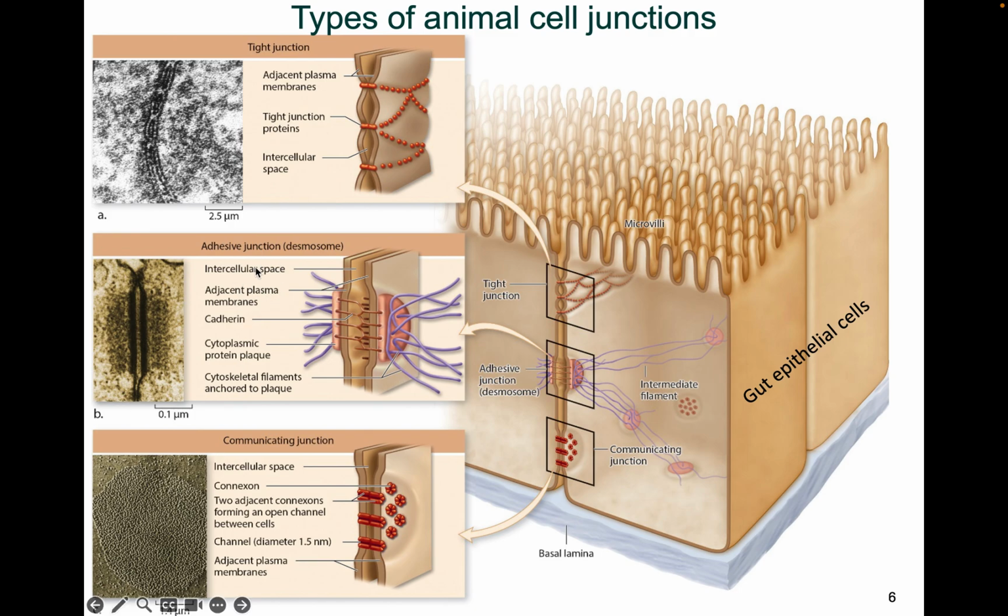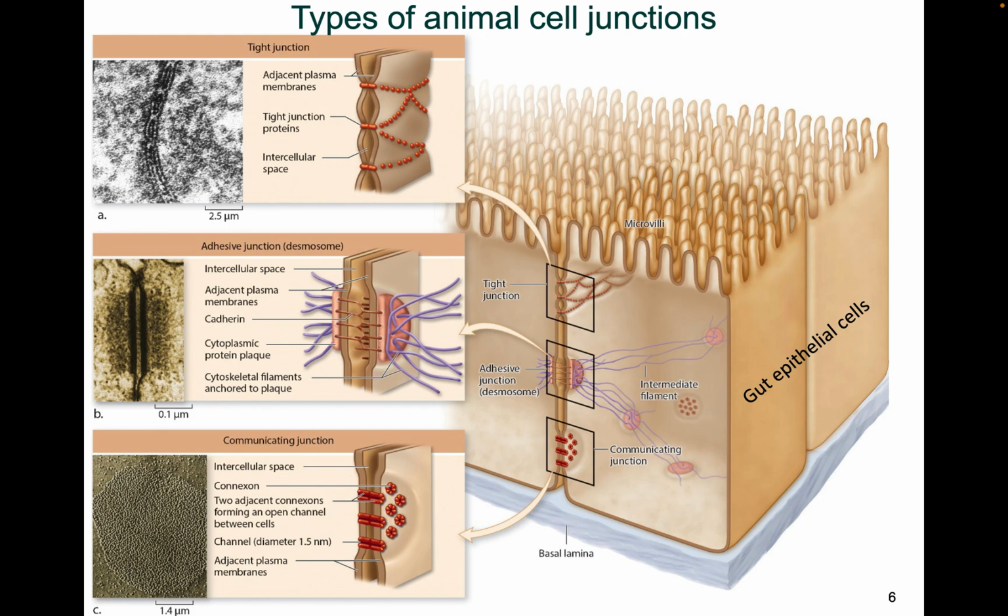The second is adhesive junctions, and these make the cytoskeletons of two different cells communicate with each other. This could be very important, for example, with motility. If one cell is trying to move and telling the other cell to move, the cytoskeleton is going to make the whole cell move.